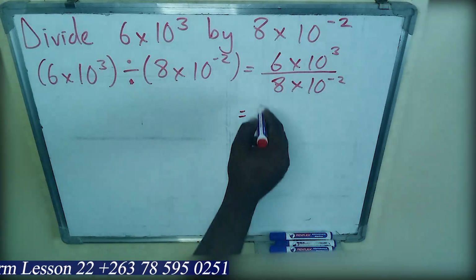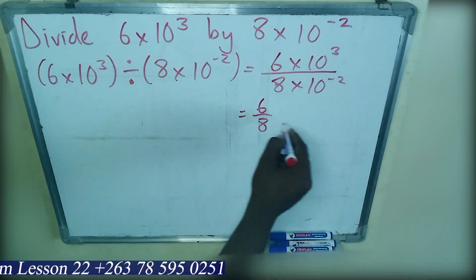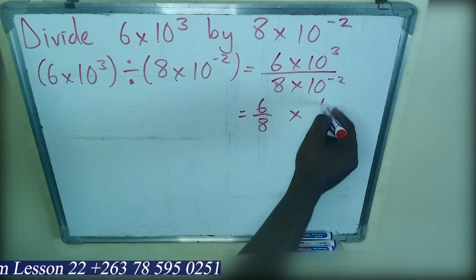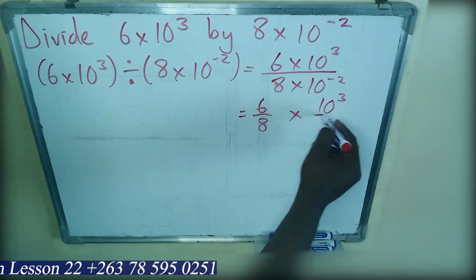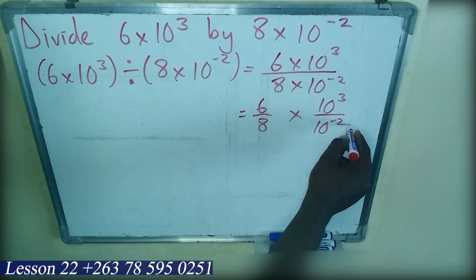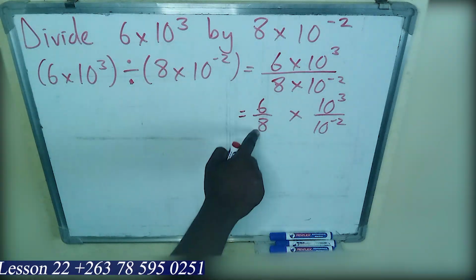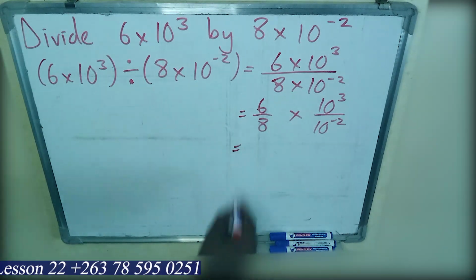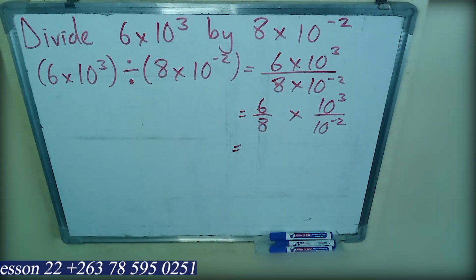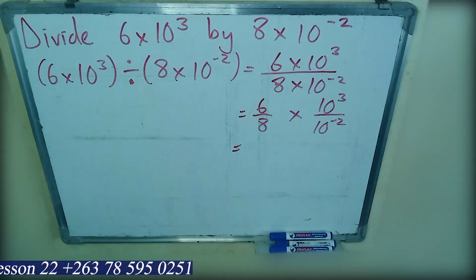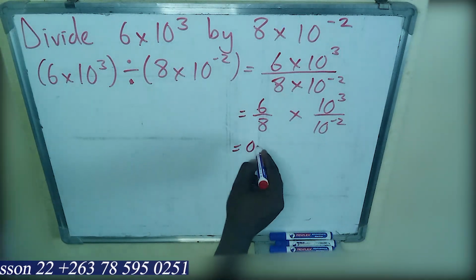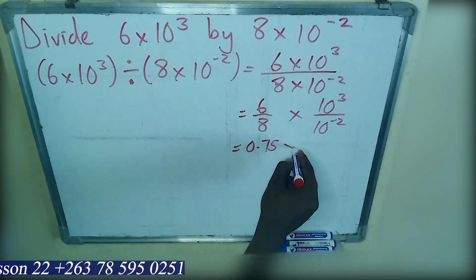You can say that 6 over 8 times 10 to the power of 3 over 10 to the power of minus 2. You can split like this, right? So we can now simplify this. 6 divided by 8, what you get is 0,75 times.